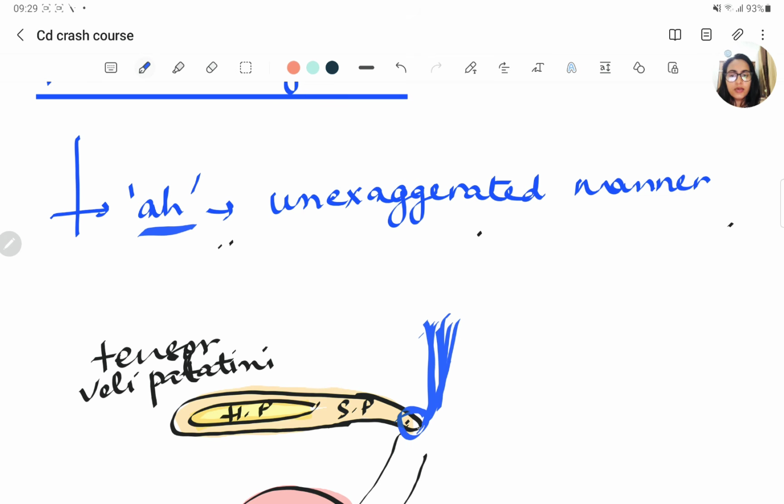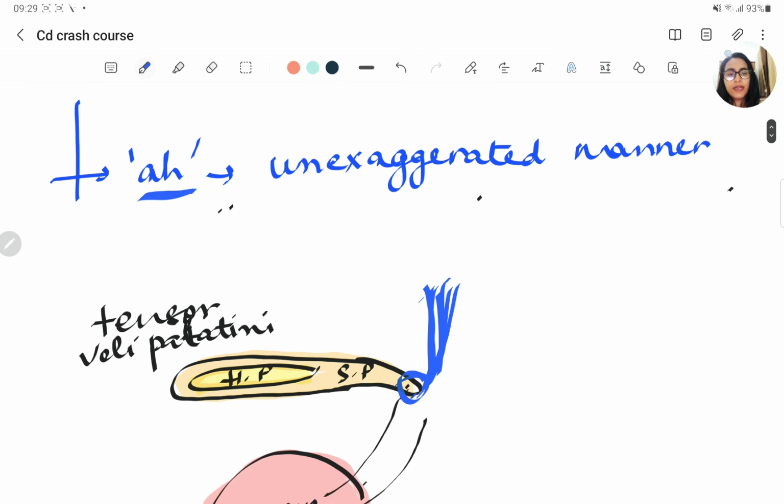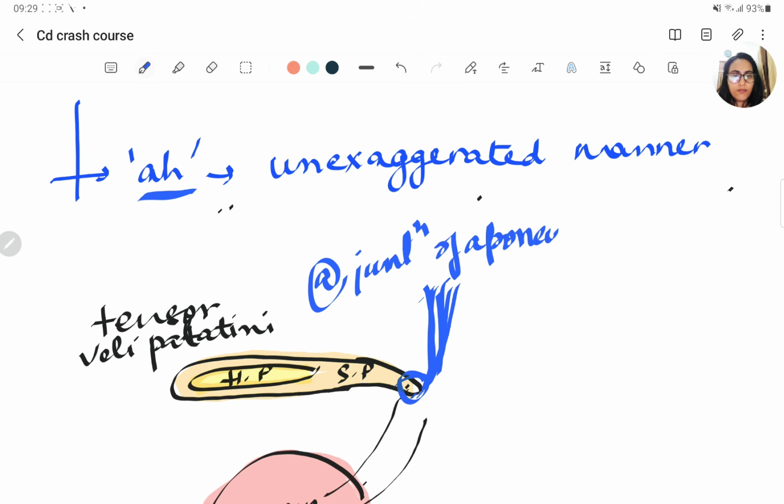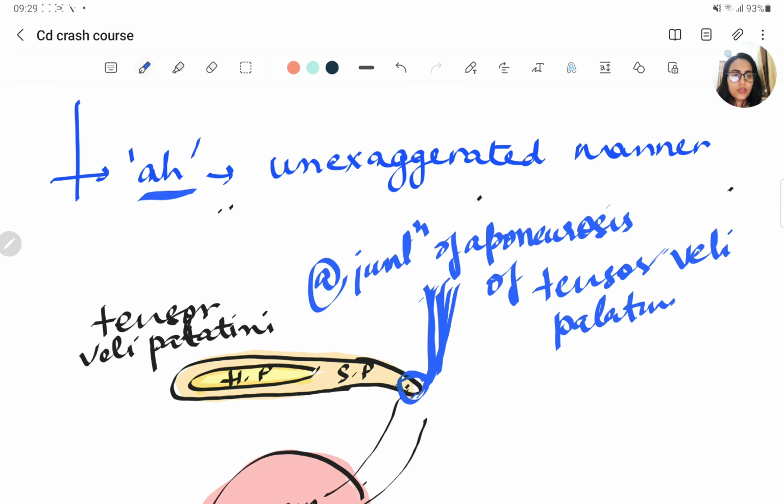So basically the posterior vibrating line is present at the junction of the aponeurosis of the tensor veli palatini and the muscular portion of the soft palate.